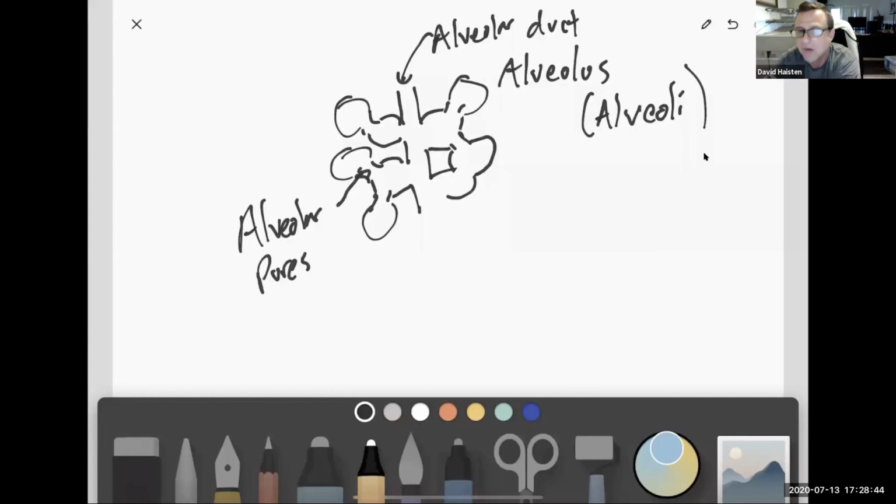Suppose you have an alveolar duct obstructed or your airways are obstructed. This way air can get into all your various alveoli by more than one route. So air fills up the alveoli simultaneously, and if some of your airways are obstructed, air is still going to find its way into your alveoli.